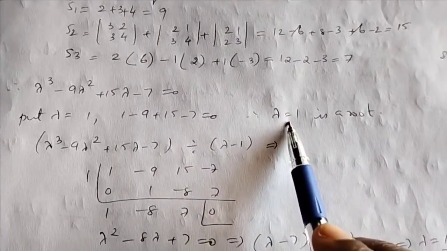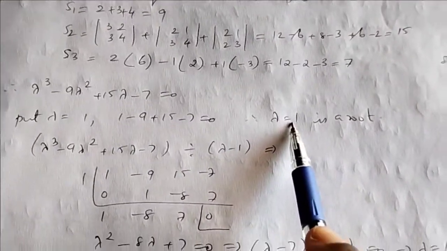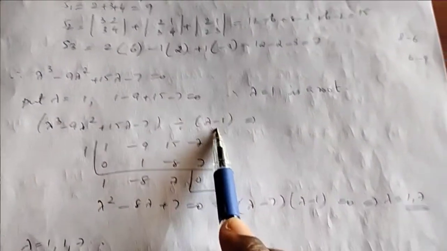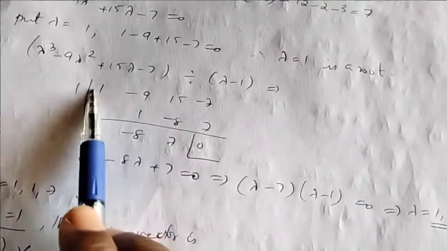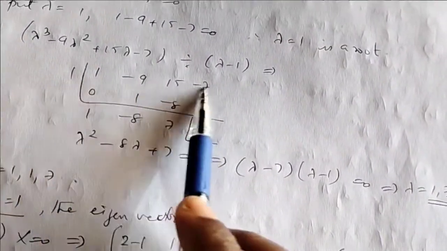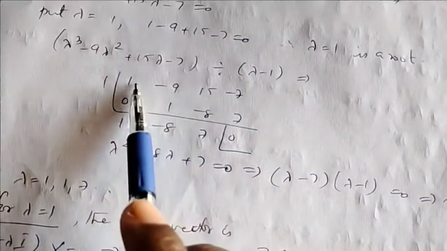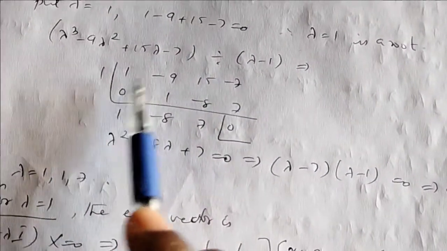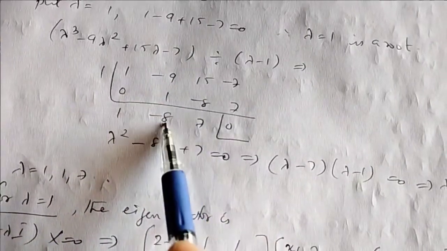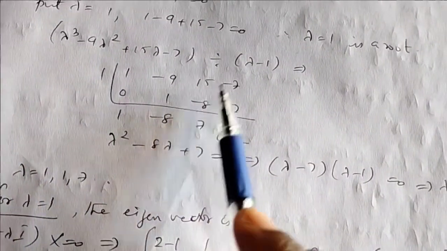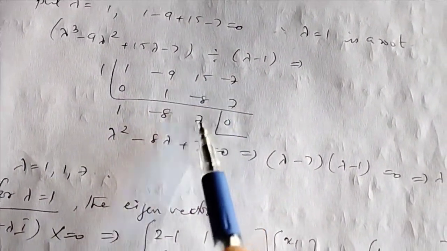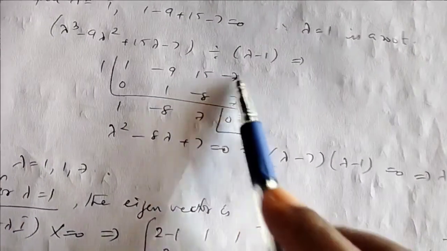If lambda is equal to 1 is a root, lambda minus 1 will be a factor. So divide the cubic polynomial by lambda minus 1. You get the coefficients 1, minus 9, 15, minus 7, with lambda equal to 1. First term 1; 1 into 1 is 1, minus 9 plus 1 is minus 8; minus 8 into 1 is minus 8, 15 plus minus 8 is 7; 7 into 1 is 7, adding gives 0.